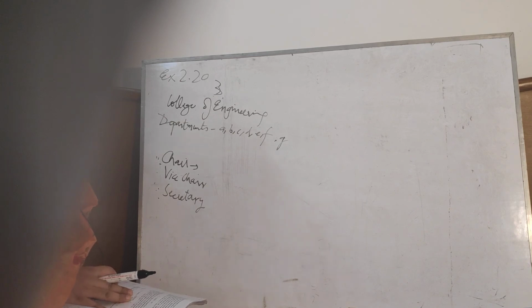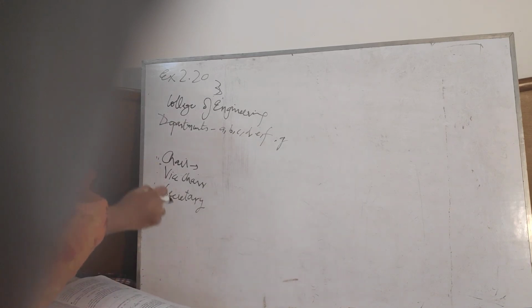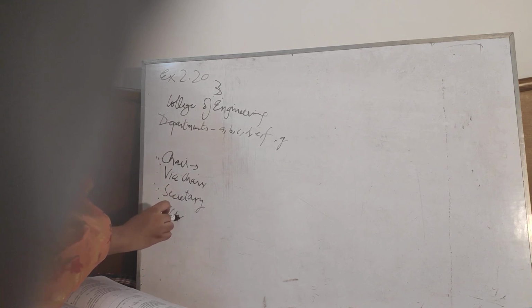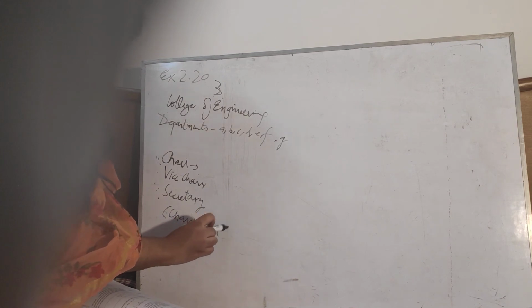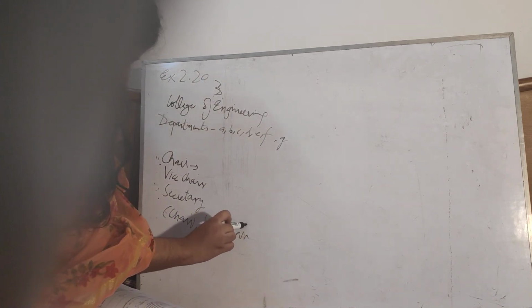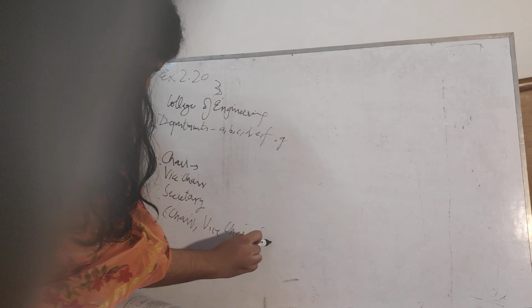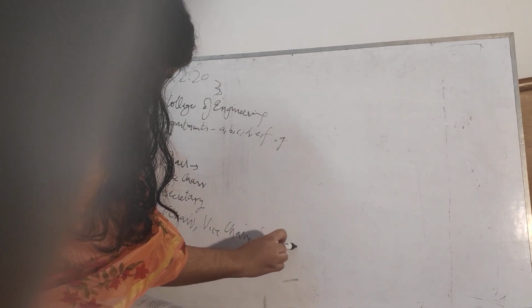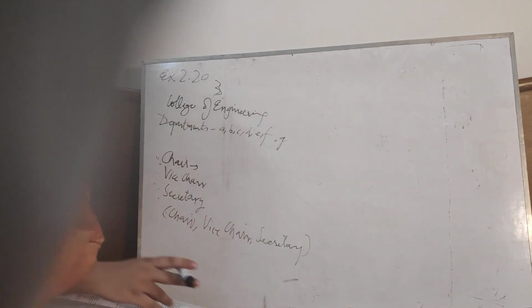So how many ways are there to select the 3 officers? So that would be all possibilities of the 3-tuple.